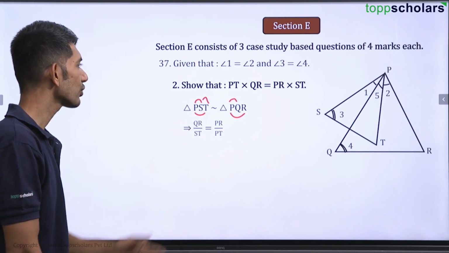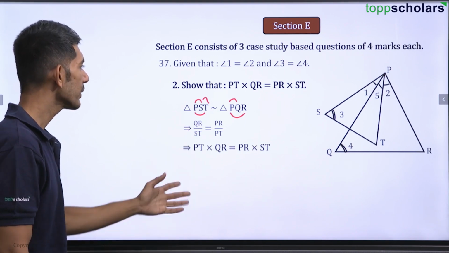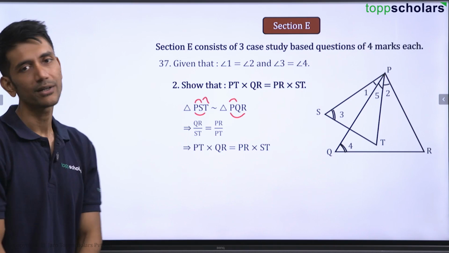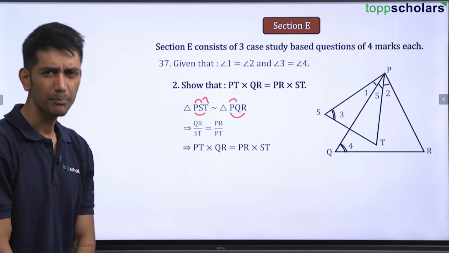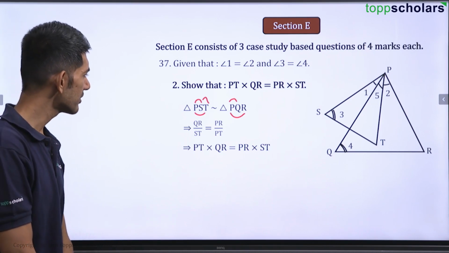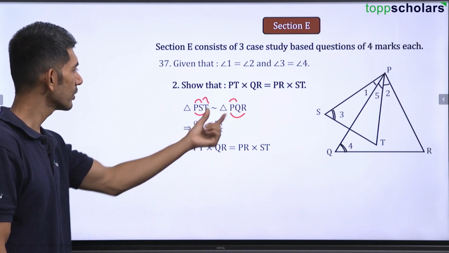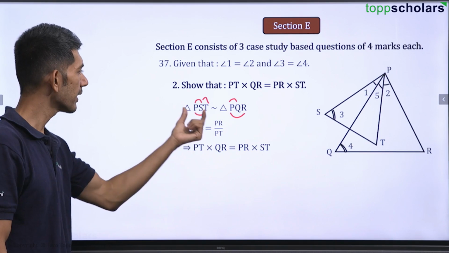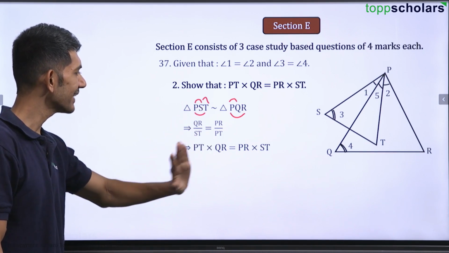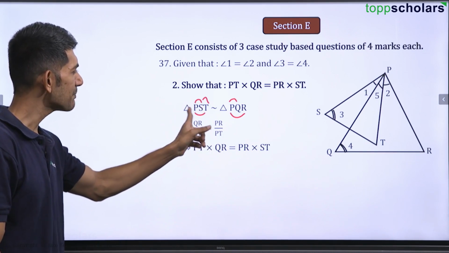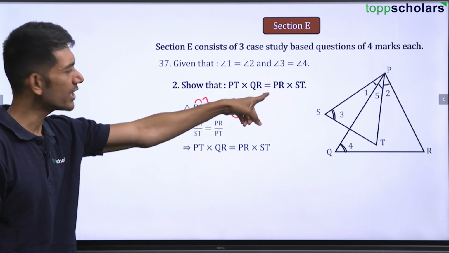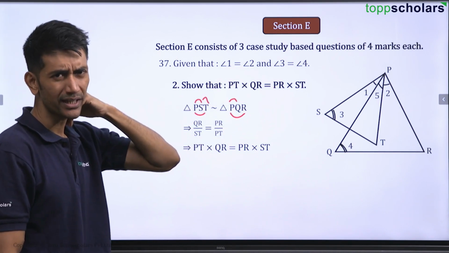Just take the ratios, cross multiply, and you get PT into QR is equal to PR into ST. Very simple and straightforward, nothing much in this. We have taken QR by ST is equal to first and third, PR by PT, that's it, cross multiply. And PQ by PS is not needed because it is not there. So you don't take it, that's fine.